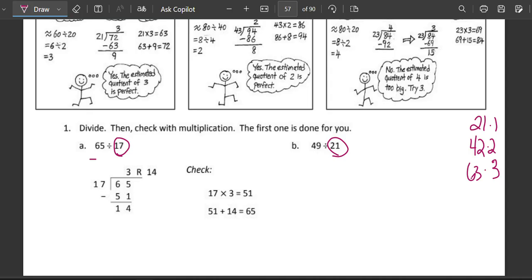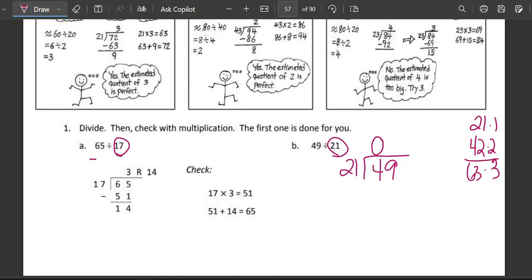All right, we're going to take 21 and divide it into 49. Of course, we can say 21 goes into 4 0 times. 0 times 21 is 0. I'm not going to write that. I'm just going to look at 21 going into 49.